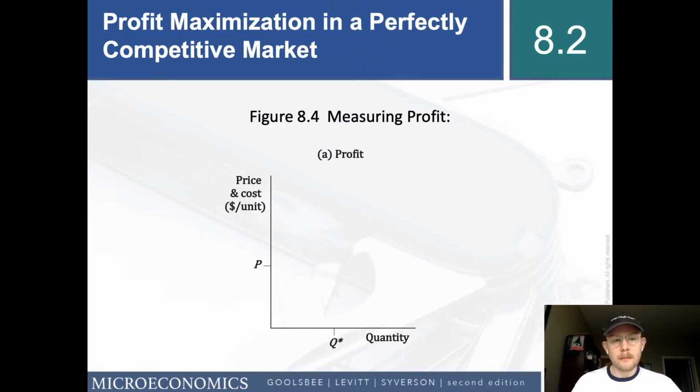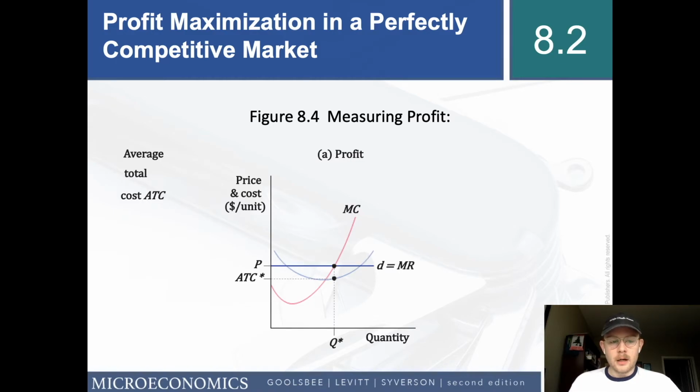Next, we want to measure the profit. So again, we have our marginal cost curve, P and Q. This is our average total cost curve.